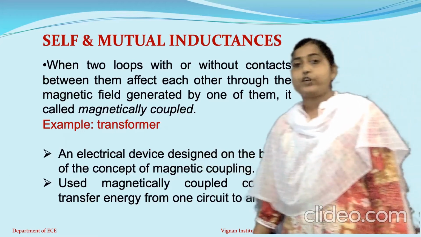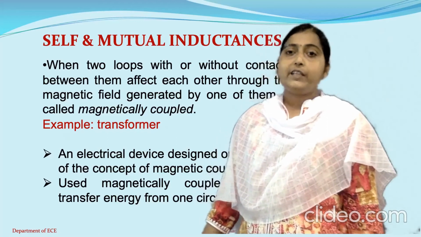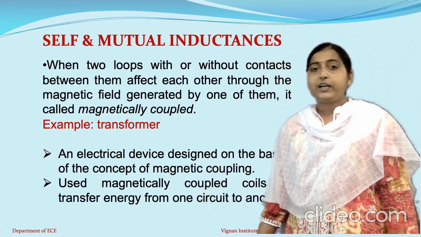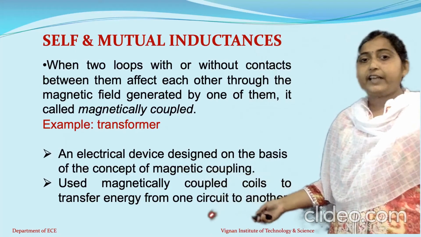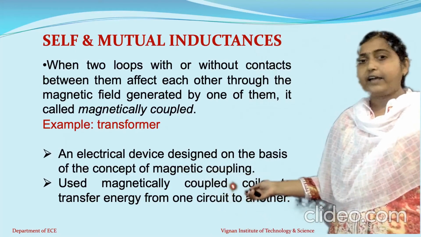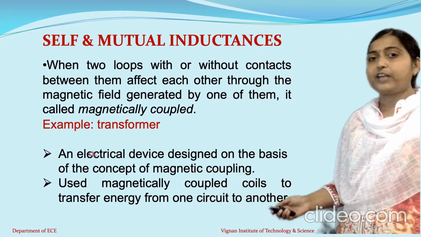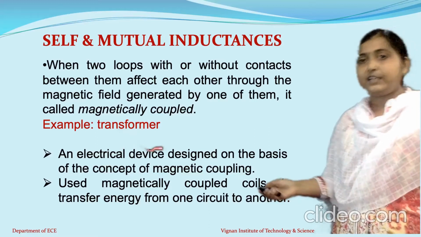There are two windings: one is the primary winding and the other is the secondary winding, which are coupled magnetically to transfer energy from one circuit to another circuit. That we call a transformer. So the transformer is the best example to understand the magnetically coupled circuit.